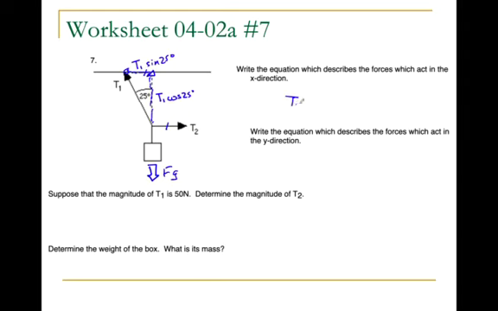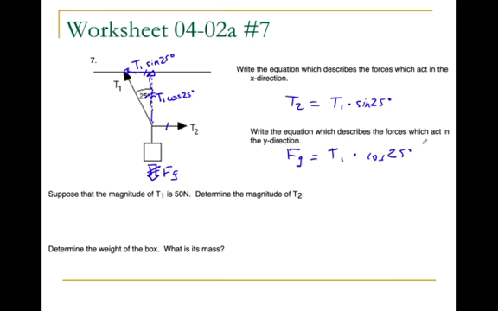We can write T2 must be equal to T1 times the sine of 25 degrees. What do we know has to be true about the vertical? Well, the magnitude of this one must be equal to the magnitude of this if this whole thing is 0. So in other words, the force of gravity must be equal to T1 times the cosine of 25 degrees.